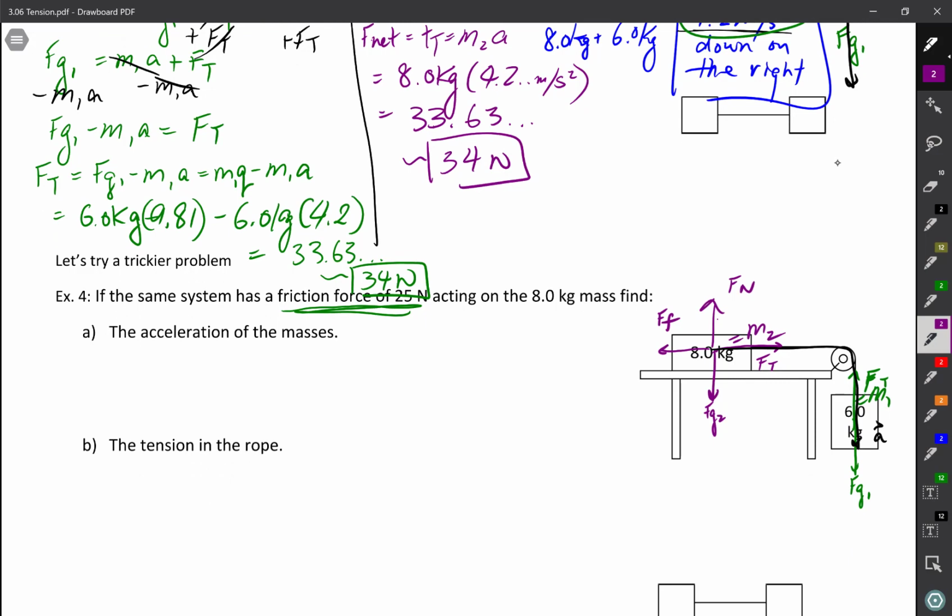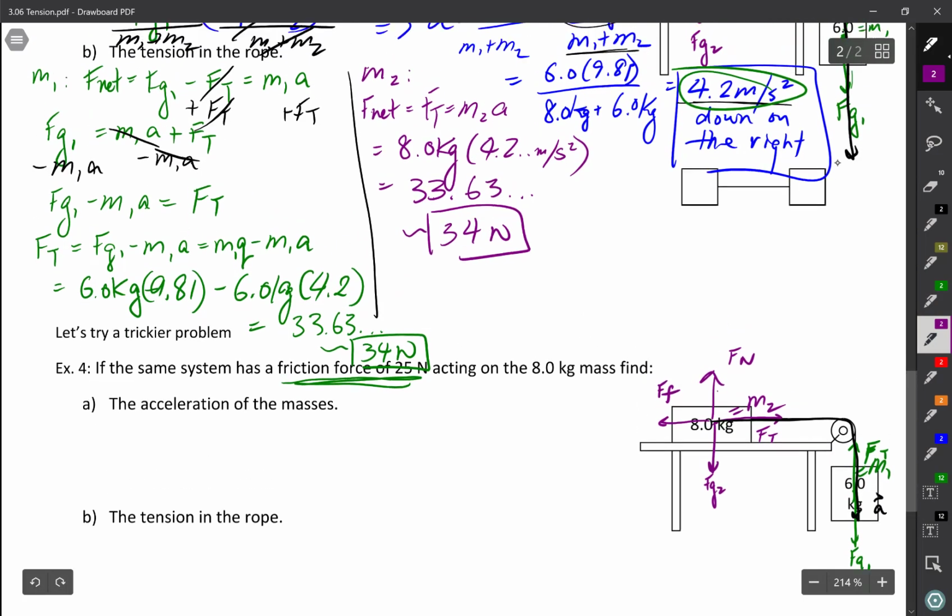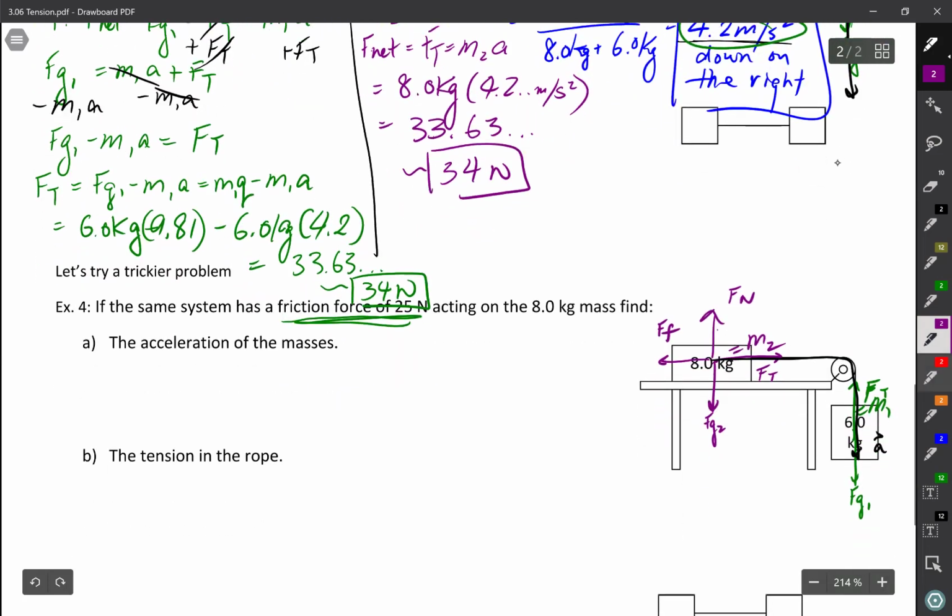So with our acceleration of our masses, we will go ahead and proceed with our F-net equation. So our F-net is going to be along this line of acceleration, Fg1 minus Ft, counter to the direction of acceleration, plus the other Ft, which is in line with the direction of acceleration.